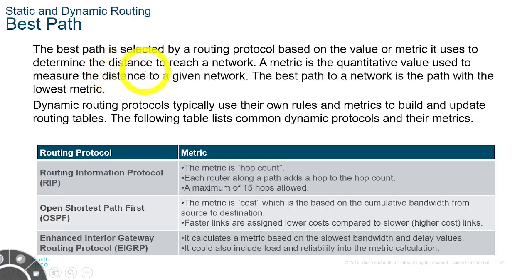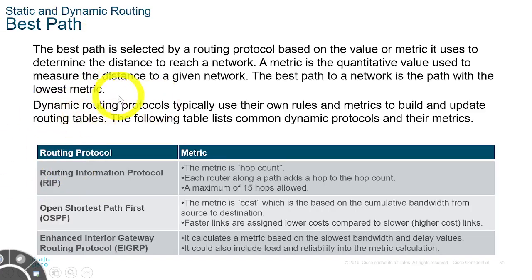A distance could be a hop count, a time delay, or the bandwidth available at these links, for example. So the best path to a network is the path with the lowest metric. Lowest metric means less delay, fewer hop counts, okay?